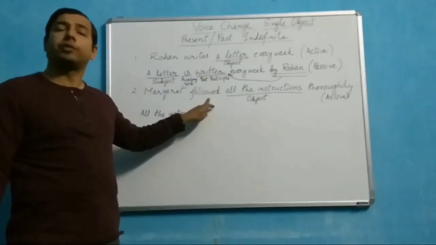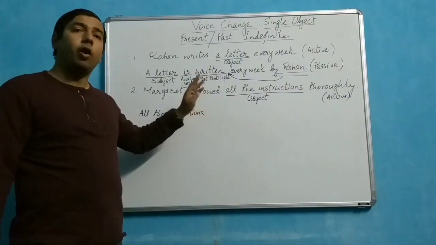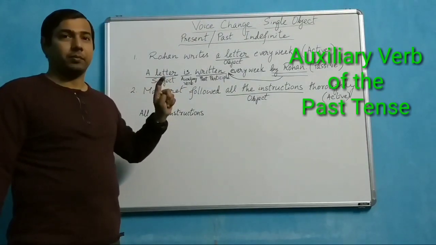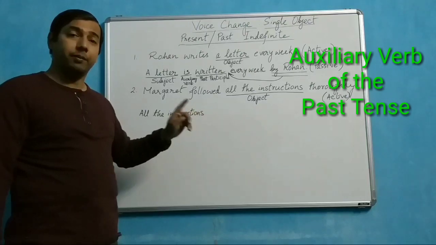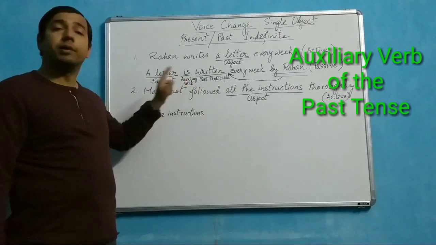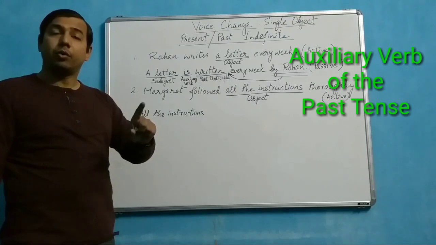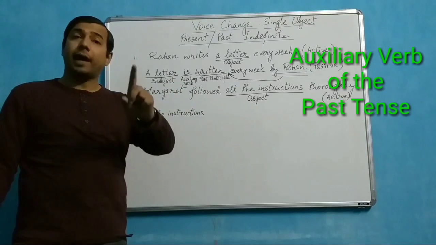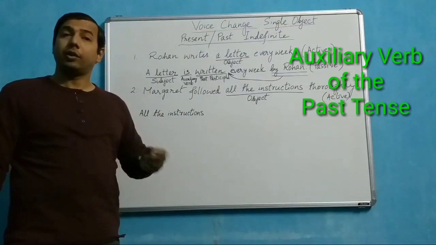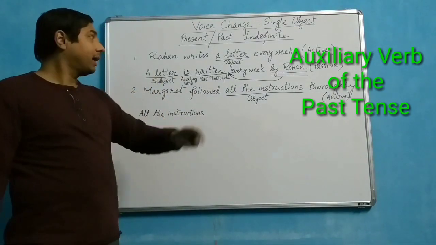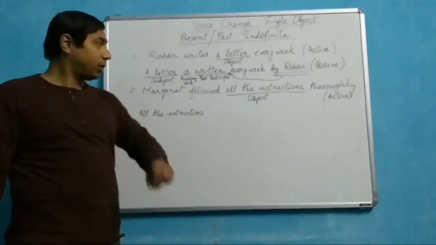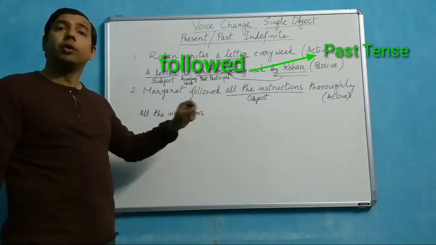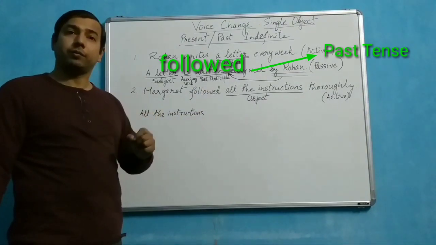Because it is in the past tense, we need an auxiliary be verb of the past tense. As I've said before, the auxiliary verb should agree with the person and number of the subject and with the tense of the sentence. So that second part, it has to agree with the tense. Because this verb is in the past tense, the auxiliary be verb will also be in the past tense.